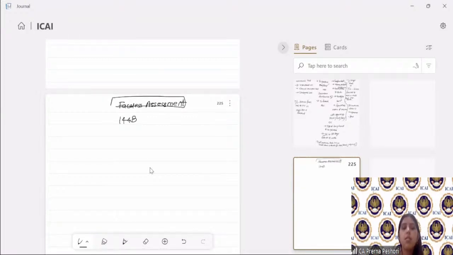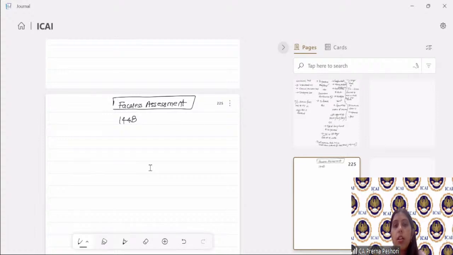Faceless assessment. Now, all this assessment is going to be in a faceless manner. So you don't know who your AO is going to be. Now, what is this faceless assessment? How will this assessment happen?